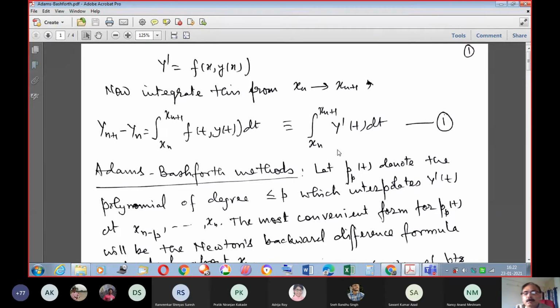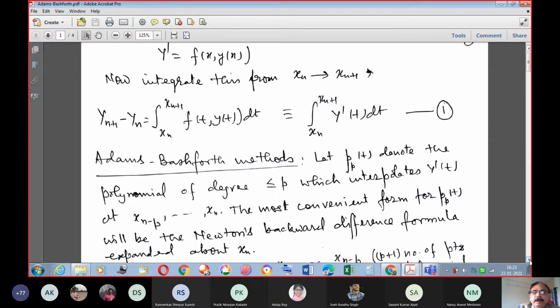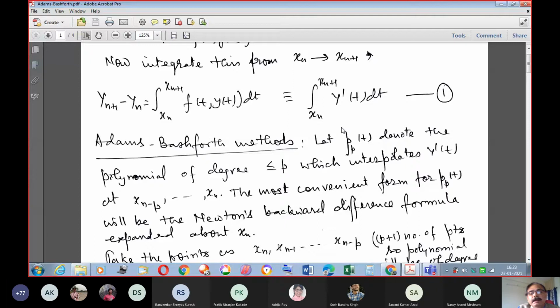And do you remember Newton's forward and backward formula? No, forgotten. Anyway, I'm just going to tell you. So this y prime t will be approximated by an appropriate polynomial, and after that we'll integrate it.